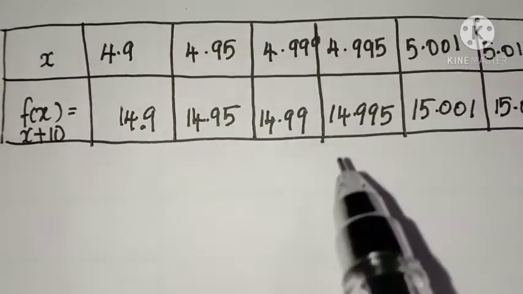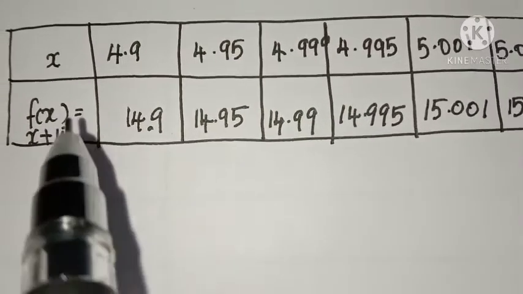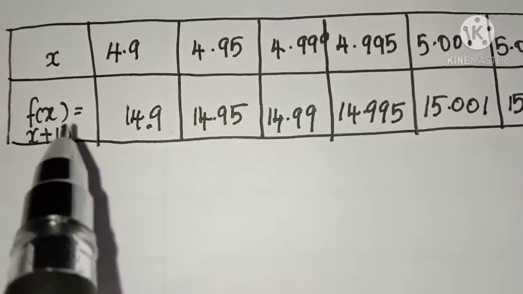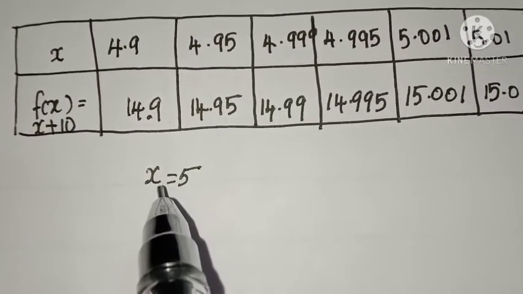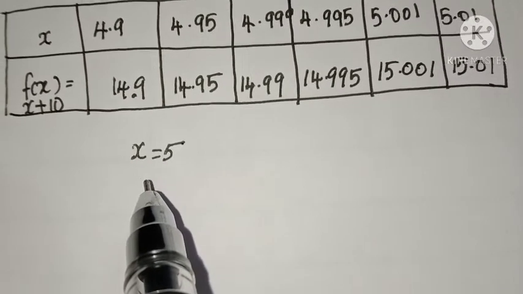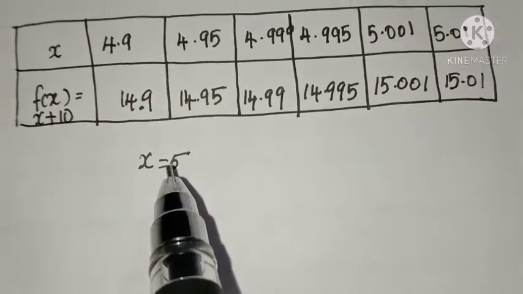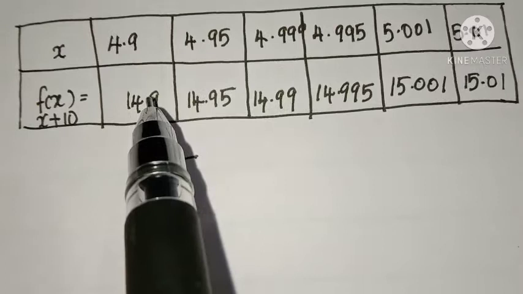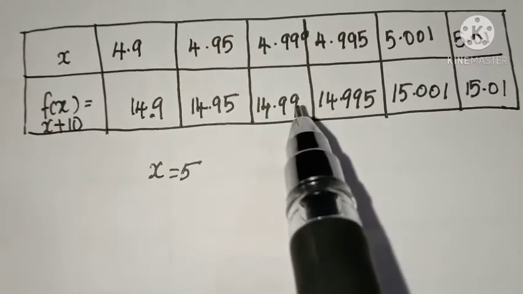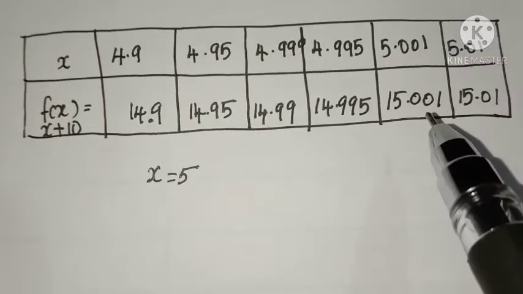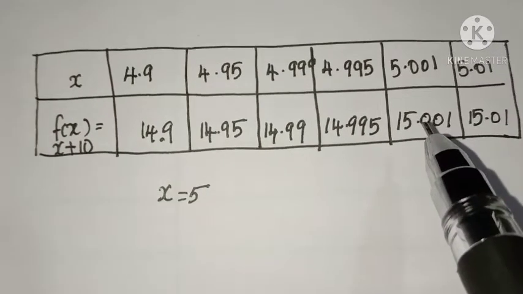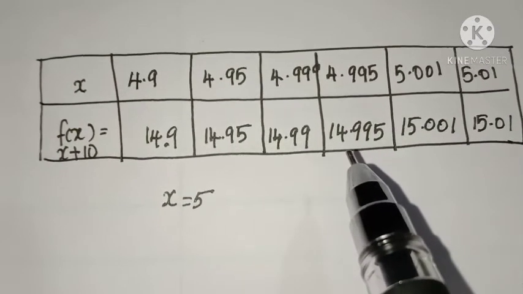So from this table we can deduce that the value of f of x at x equal to 5 should be greater than 14.995 and less than 15.001, isn't it? Okay.